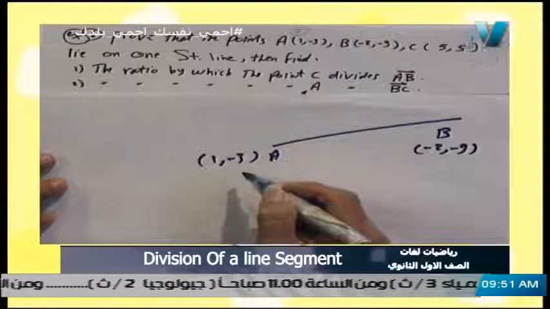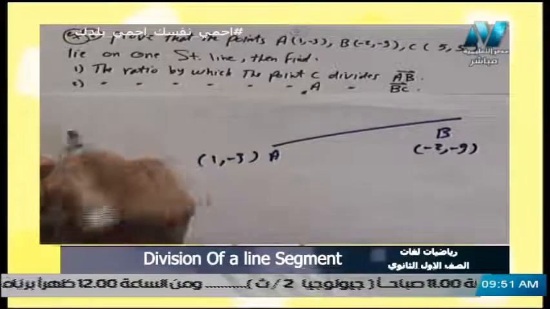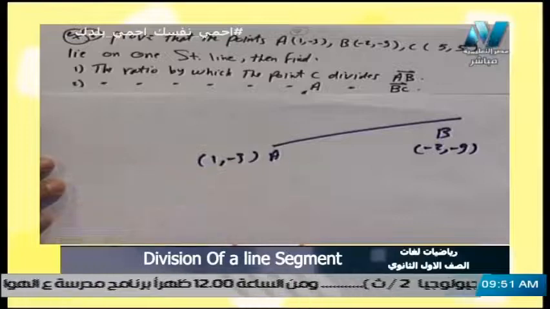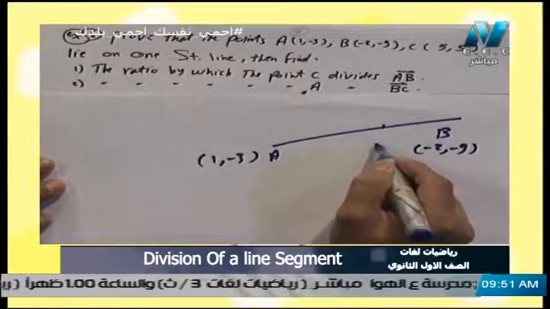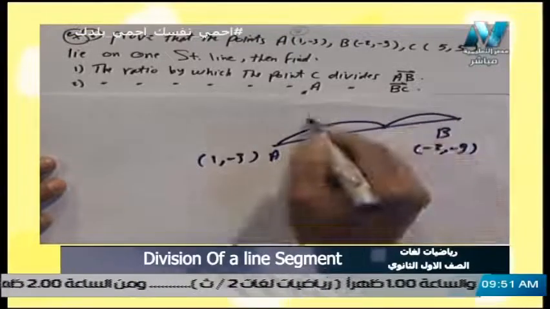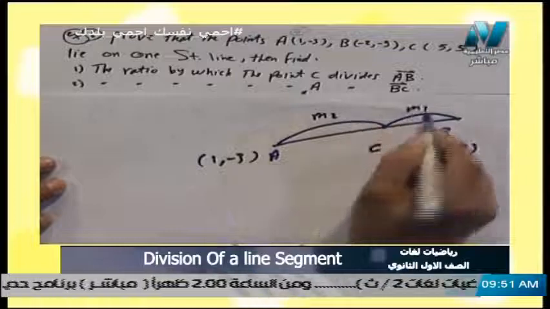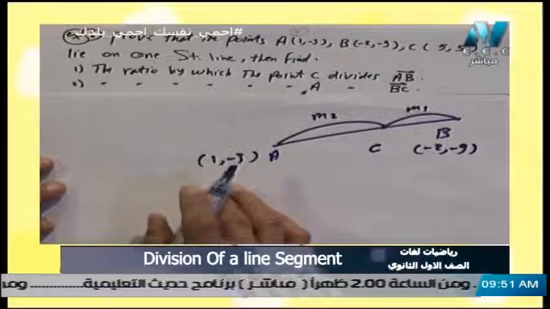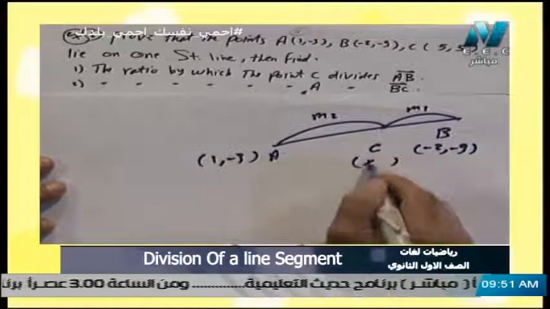Okay, and we know that C divides it into two parts, M2 and M1. C is X and Y.